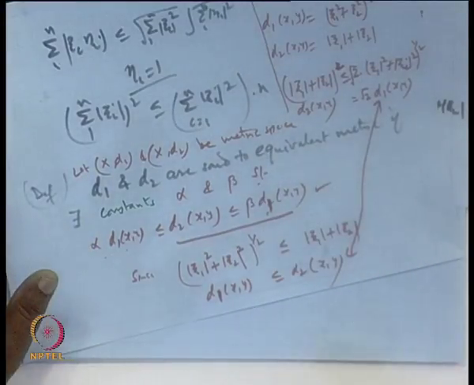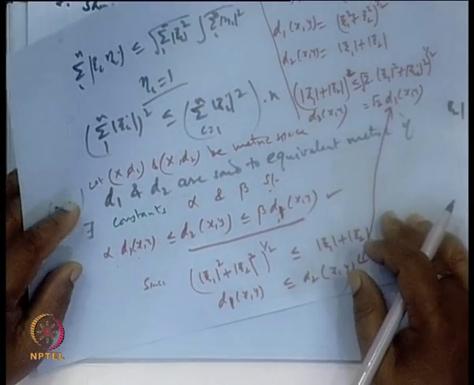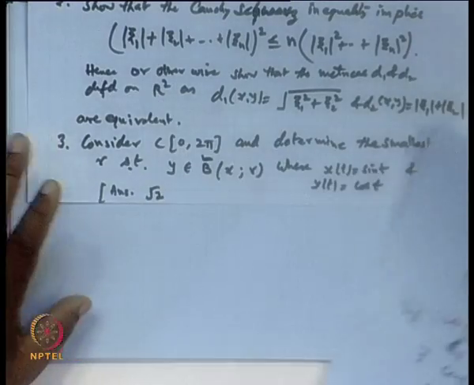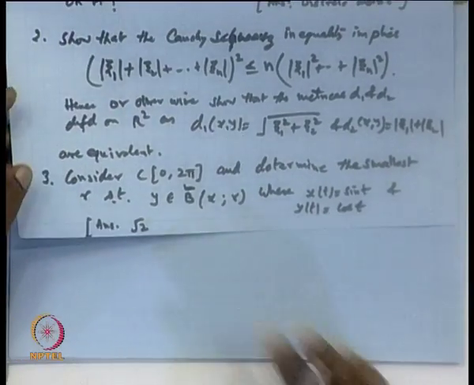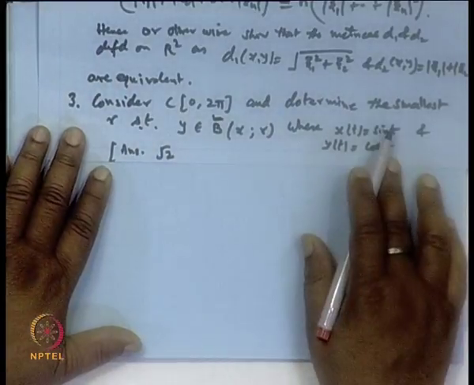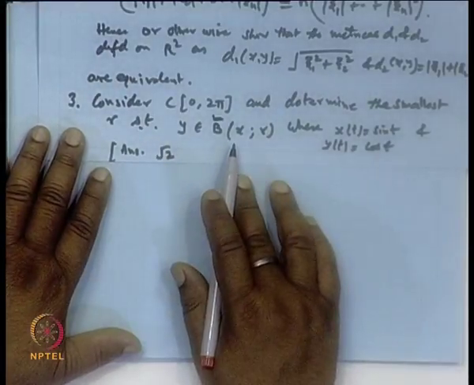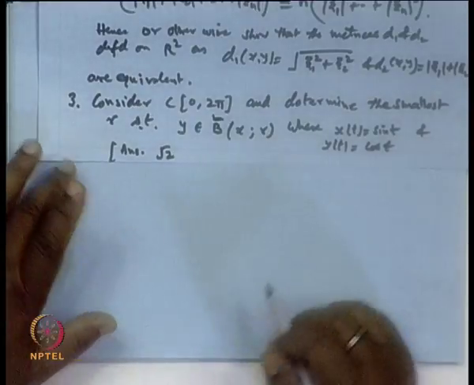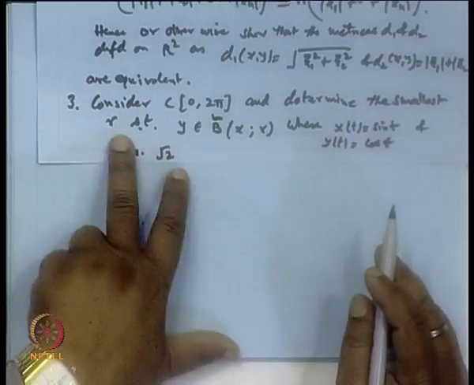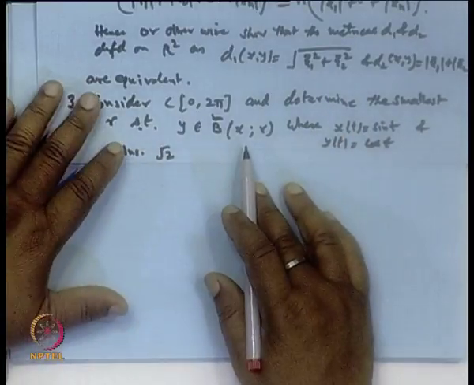And in fact, we can define any other metric on R2 or Rn, all will be equivalent, that we will see. Clear? So, this is another example which is interesting. Then the third example is to determine the smallest r such that b belongs to the closure of this ball.